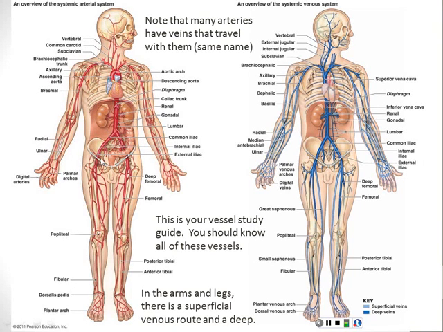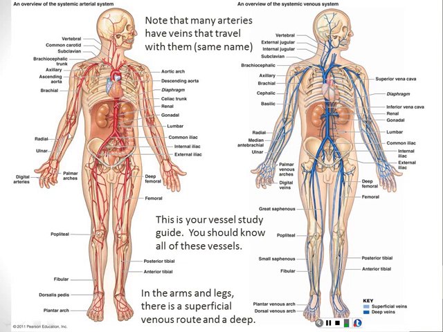Those common iliacs then split again down here in the leg, so that we get the femoral artery and the deep femoral artery. When we get down into the legs, just like the arm, we have a fibular artery and two tibial arteries. So oftentimes in the extremities, the arteries are named for the bones they're next to, right?